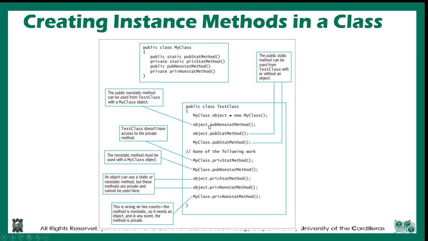You are calling this object and this method from this class. And take note, where can we see this pub_nonstat method? Here. And take note, it's public, meaning we can access and call this method even though it's saved in another class.